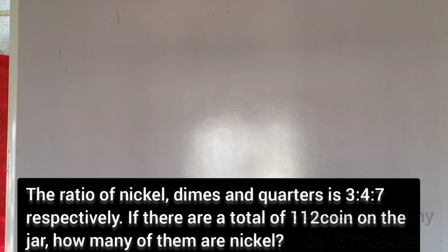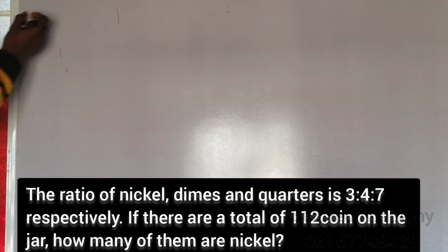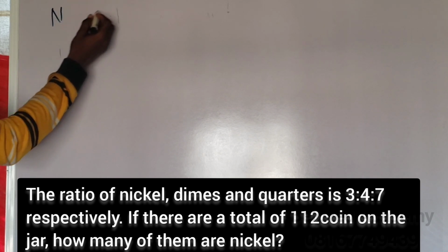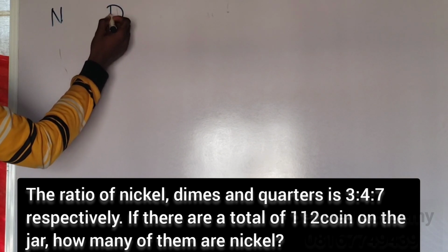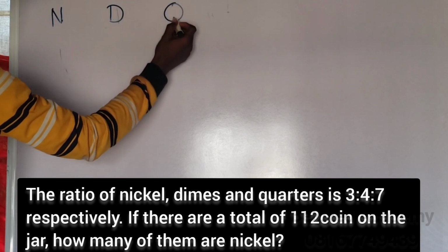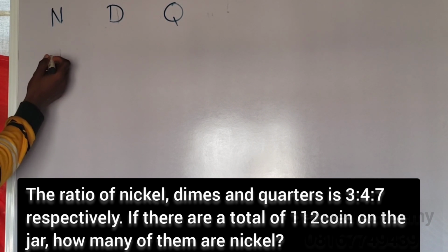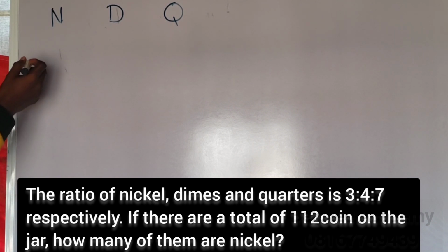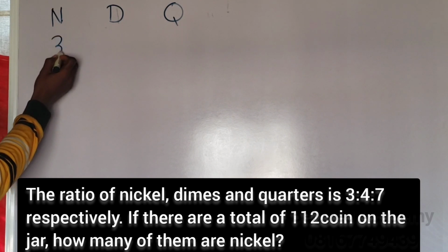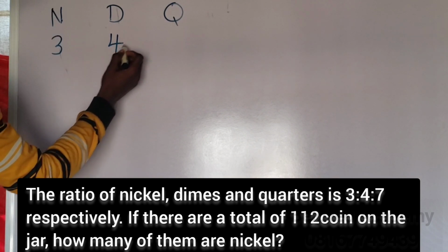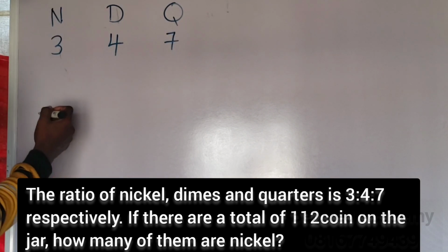For the second approach, we are given that the ratio of nickel, let me represent as N, to dimes, let me represent as D, and the quarters is Q, is 3:4:7. The ratio of nickel is 3, that of dime is 4, and that of quarters is 7.